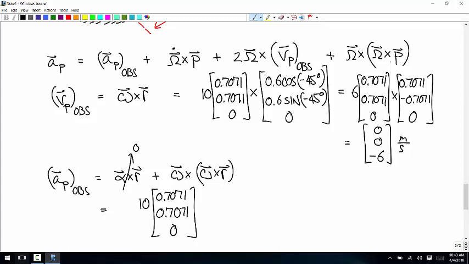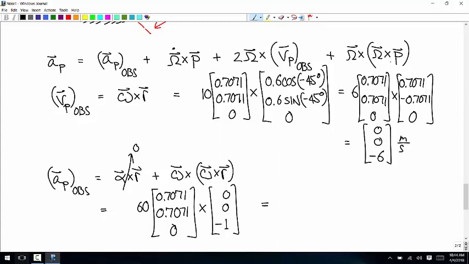And we're crossing that with omega cross r, which we already have, is 0, 0, negative 6. So now we're doing the acceleration, but this omega cross r is what we calculated up there.